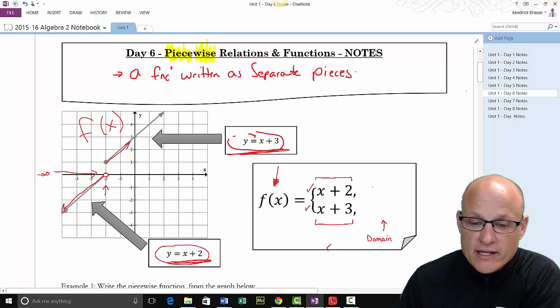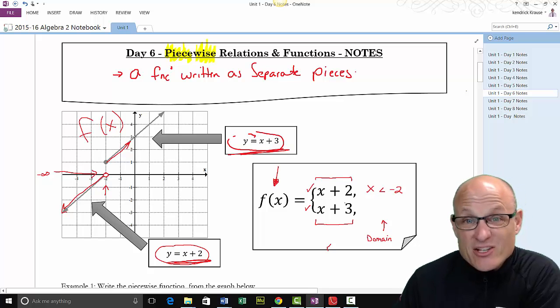Another way to write that is x less than -2. So we use the function x plus 2, but only if x is less than -2. As soon as x becomes -2, we flip over to this function. As long as x is greater than or equal to -2, we use this function.